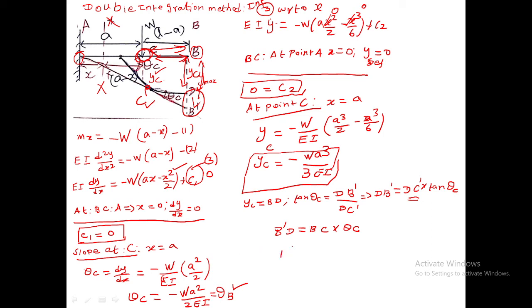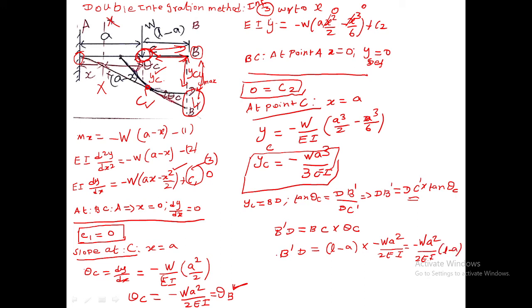BC is the distance L minus a. Theta c equal to minus W a square divided by 2EI, so P dash D equal to minus W a square divided by 2EI into (L minus a).